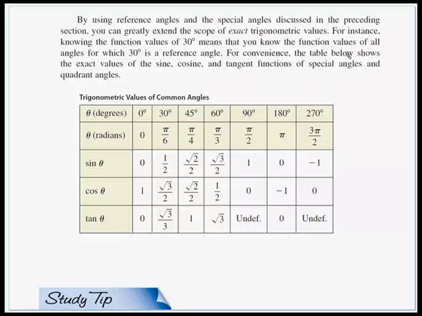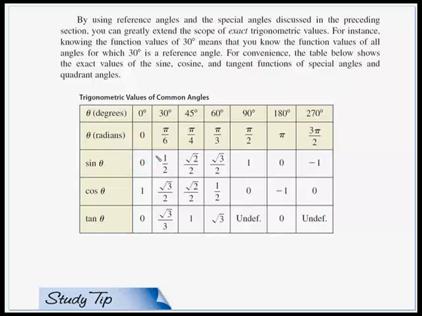For convenience, the table below shows the exact values of the sine, cosine, and tangent functions of the special angles and the quadrant angles. So here are the angles in degrees, our special ones 0, 30, 45, 60, 90, and then the quadrant angles 180 and 270. And in radians, we have pi over 6, pi over 4, pi over 3, pi over 2, pi radians that goes with 180, and 3 pi over 2 that goes with 270.